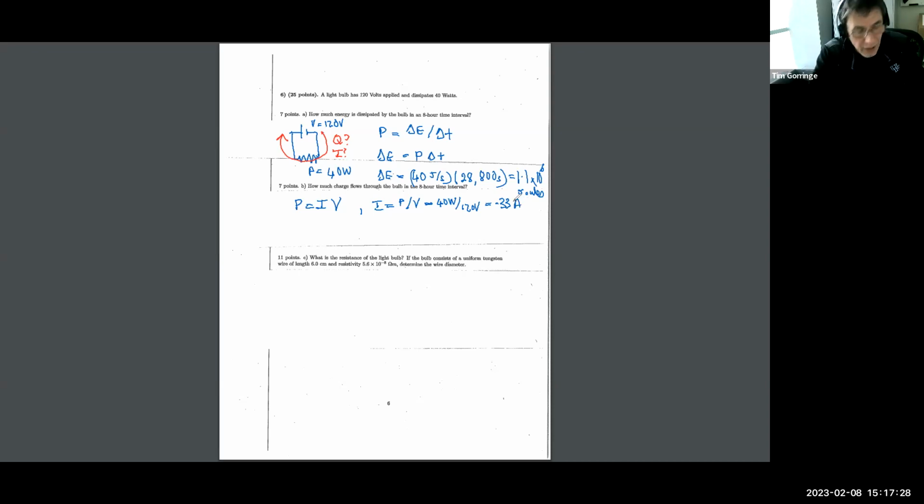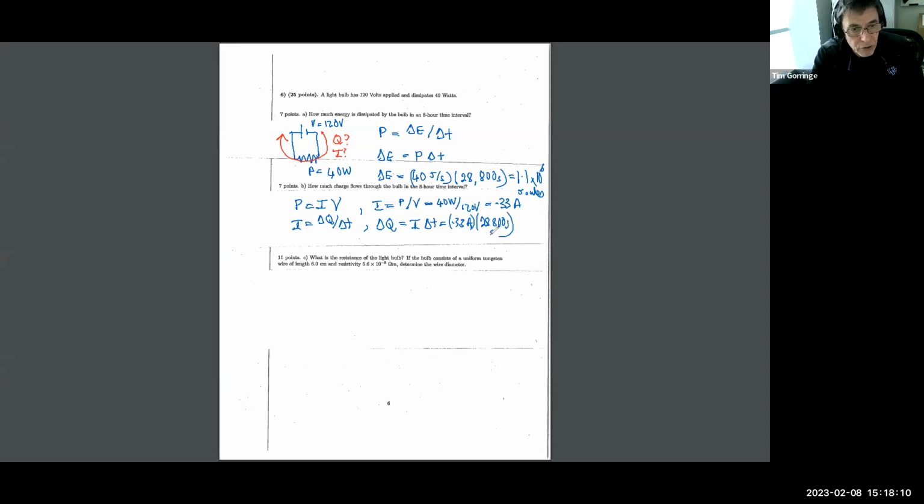That's the current. If I want the charge that flowed during that period of time, I can use the definition of current: the amount of charge that flows, I'll call that delta Q, in some elapsed time, delta T. If I want delta Q, I can rearrange by multiplying through by the elapsed time, so delta Q equals I delta T. The current is 0.33 amps, and the length of time was again 8 hours, so 28,800 seconds.